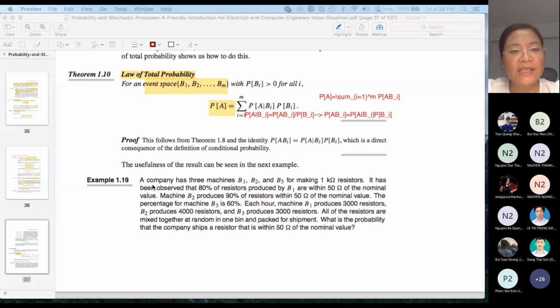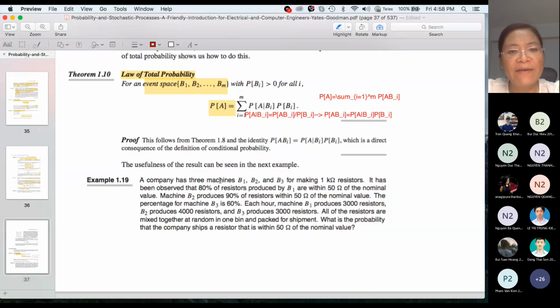Now I can take an example. A company has 3 machines, B1, B2, and B3, made for 1 kilo ohm resistors. It has been observed that 80% of resistors produced by B1 are within 50 ohm of the nominal value. Machine B2 produces 90% of resistors within 50 ohm of the nominal value.